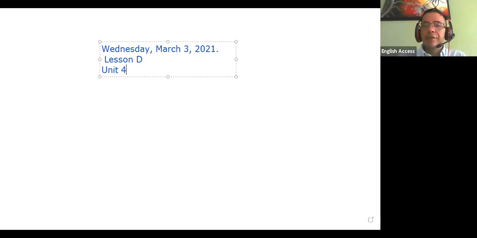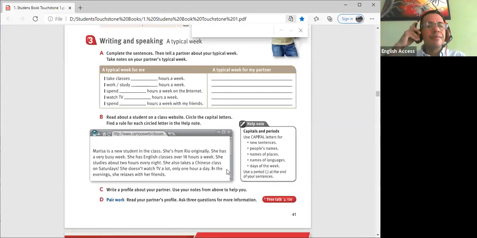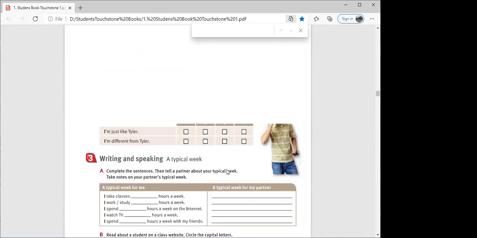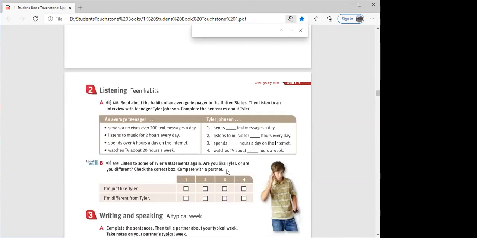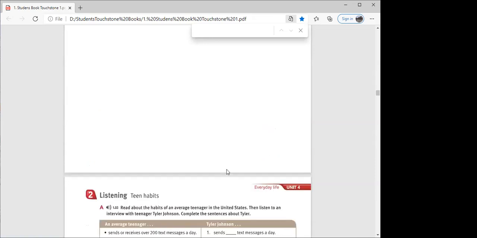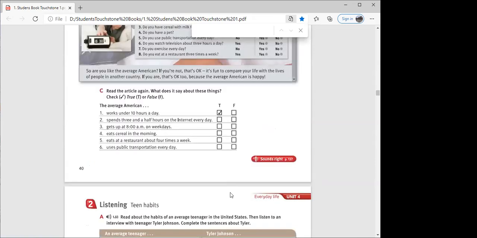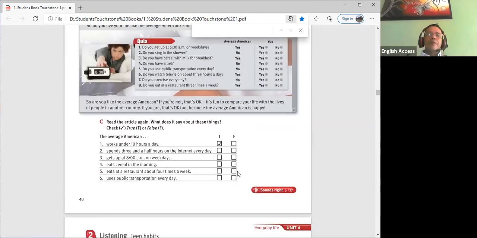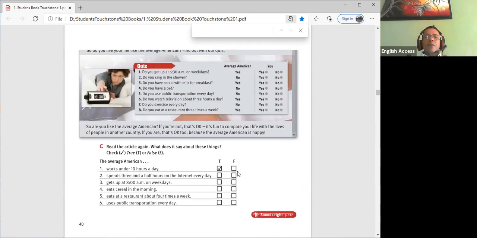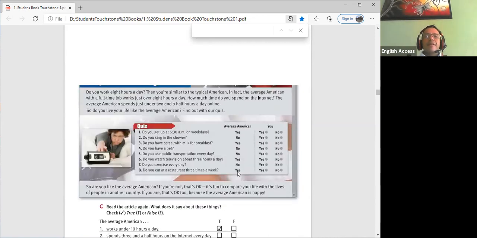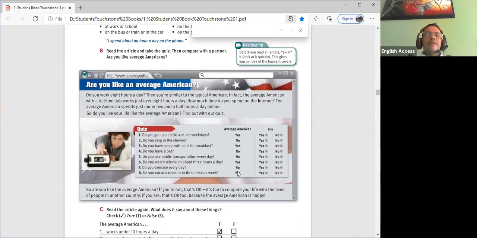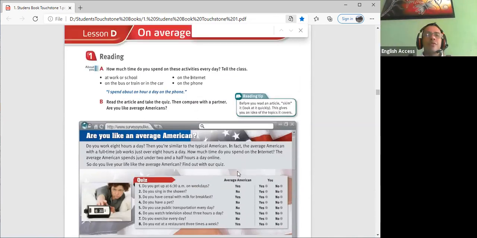I have the book here. Can you see it? ¿Pueden ver el libro? Yes, teacher. All right. So we began this topic. I have this question for you.